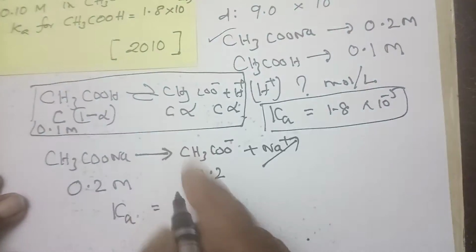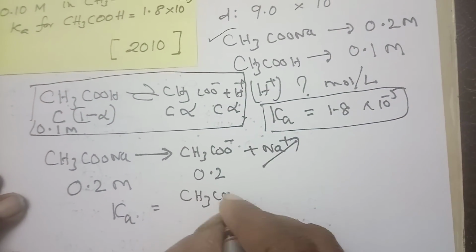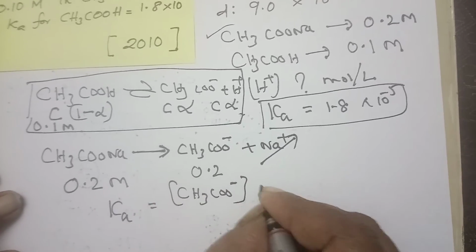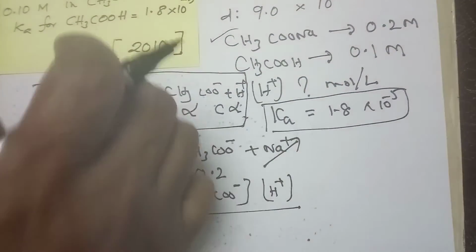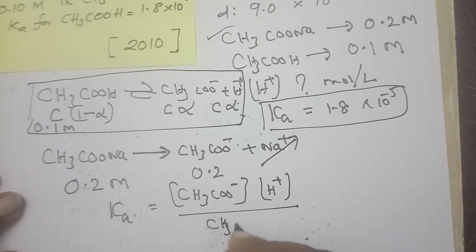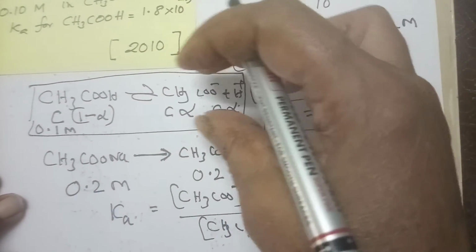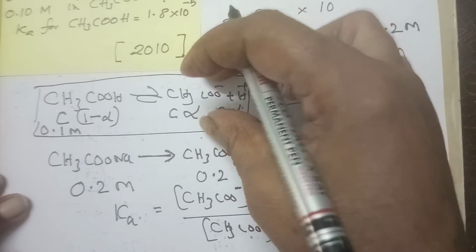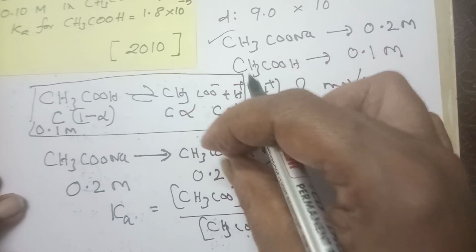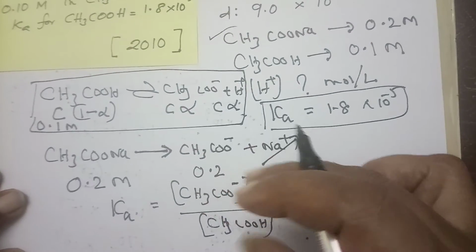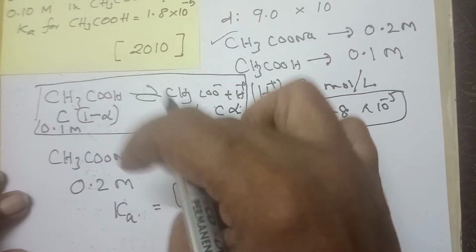The product is CH3COO minus into H plus concentration, divided by the reactant, which is the concentration of acetic acid. You should write this only for this equation because it is an equilibrium. Since the other is strong, we cannot apply this to that equation. That is why I am insisting on this symbol.